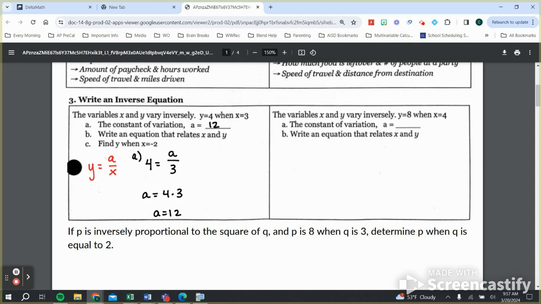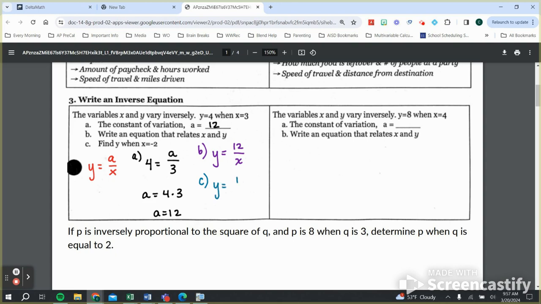B says write an equation that relates x and y. So now all we're going to do is y equals, but instead of our a, we're going to plug in what our a is, 12, and divide that by x. So this is an equation that relates x and y. And lastly, it wants us to find y when x equals -2.